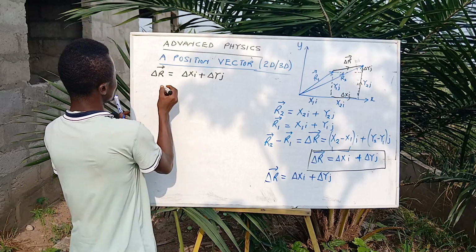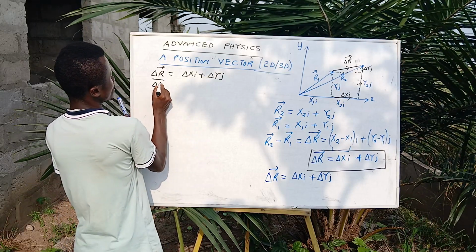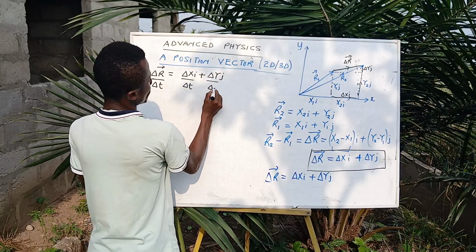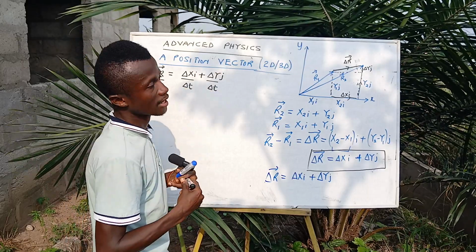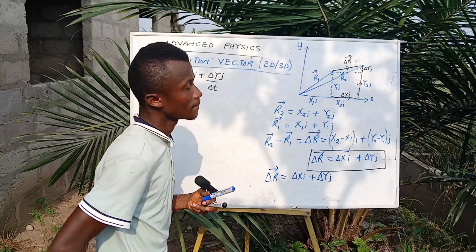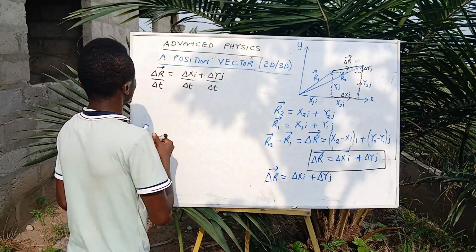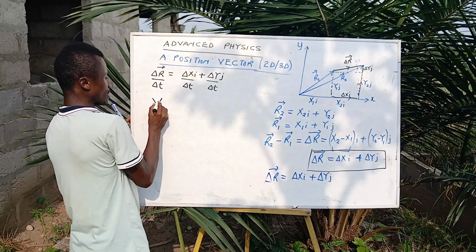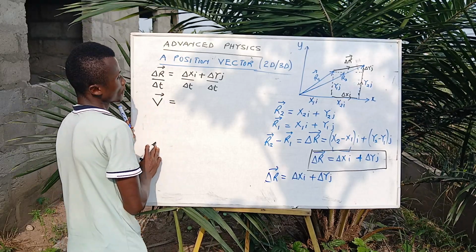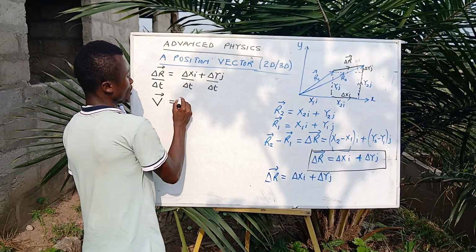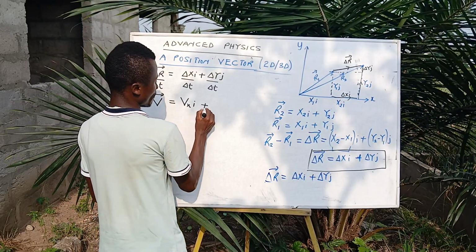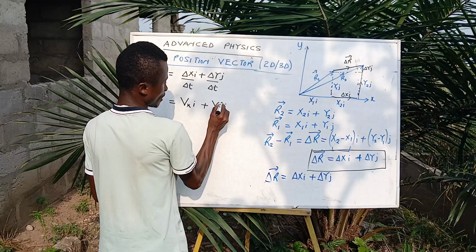So if we divide through by delta t, that is a change in time, the time the object took to move from this point to that point, we get a velocity vector, which is equal to the velocity in the x direction, i, plus the velocity in the y direction, j.